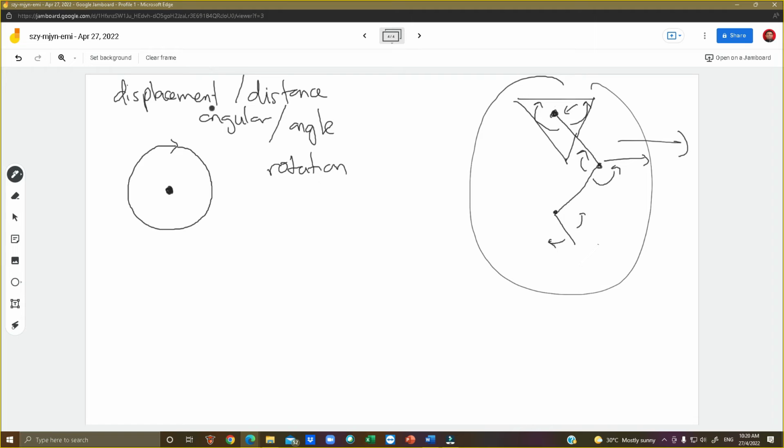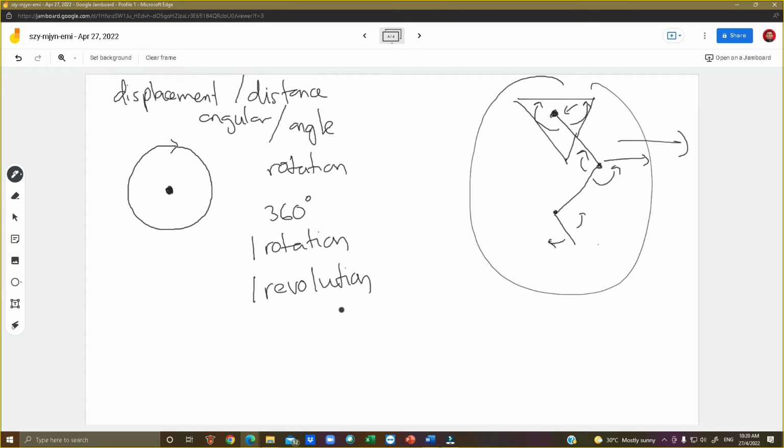Okay, itu yang pertama. So, to describe angular motion, we are going to describe in terms of angle. Okay, jadi kita recap dulu. Whole rotation, full rotation will give you 360 degrees. Ataupun we can name it as one rotation, ataupun one revolution.